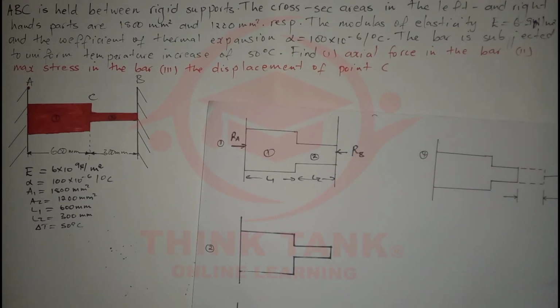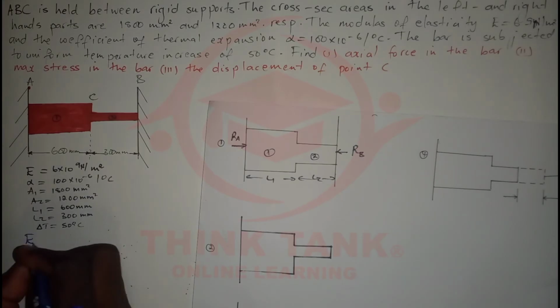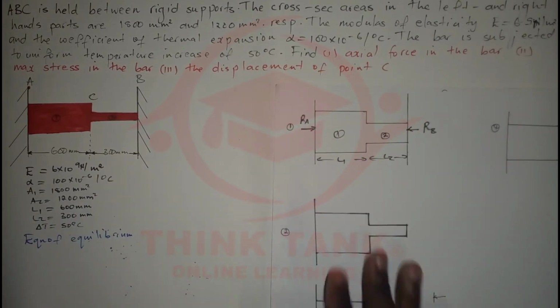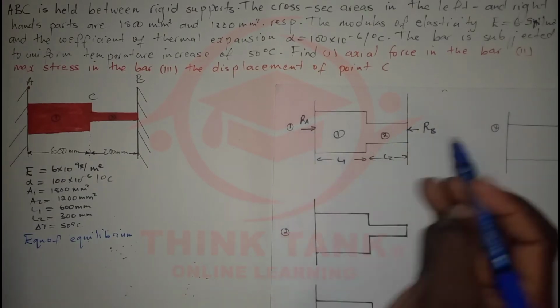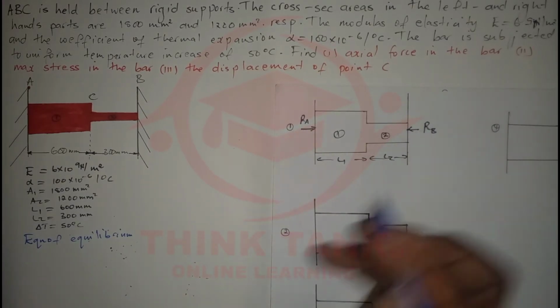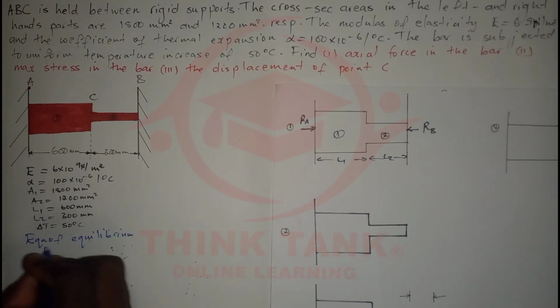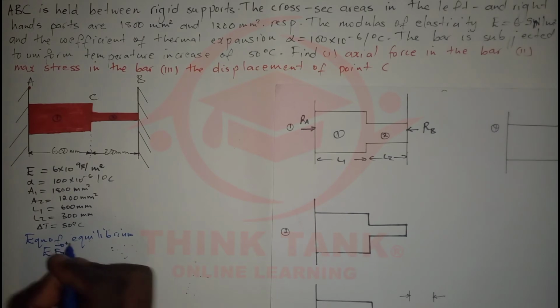From here I'm going to apply the equation of equilibrium. Since this bar is not moving, how many forces do we have? We have RA in this direction and RB in this direction, so I'm going to resolve along the x-axis. The sum of the forces acting along the x-axis, taking the right side as positive, should equal 0.